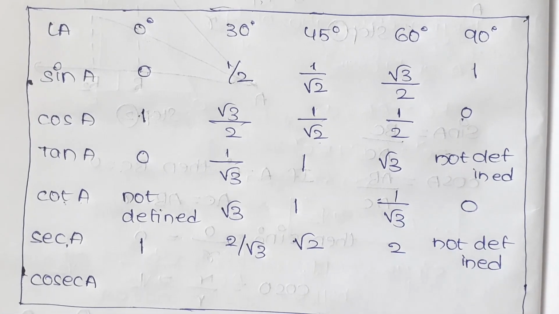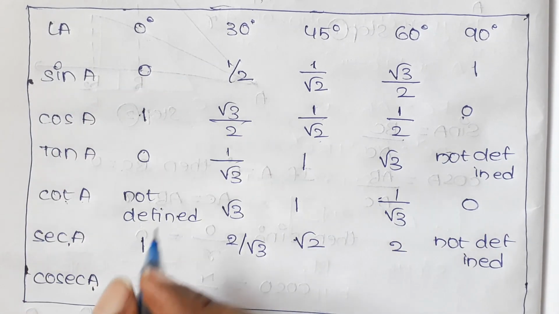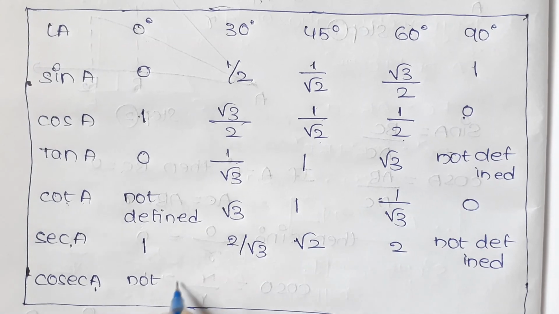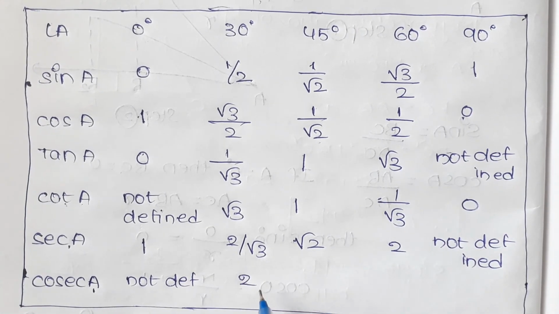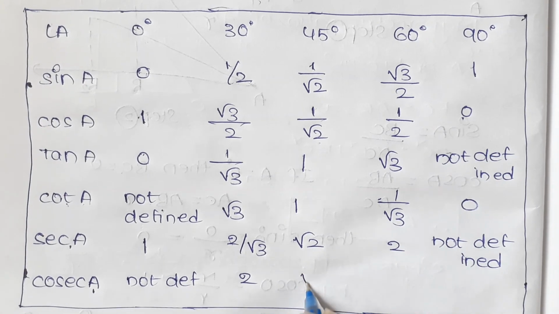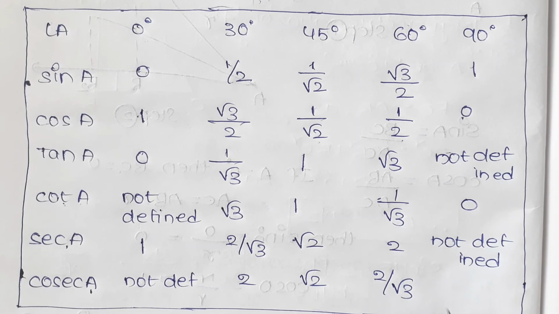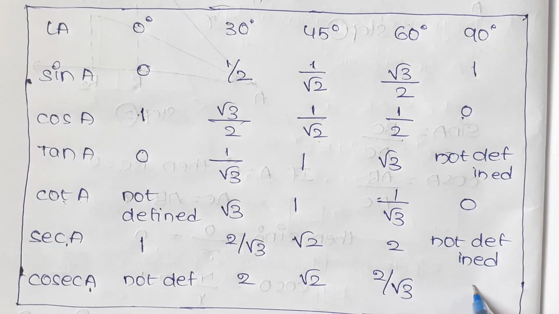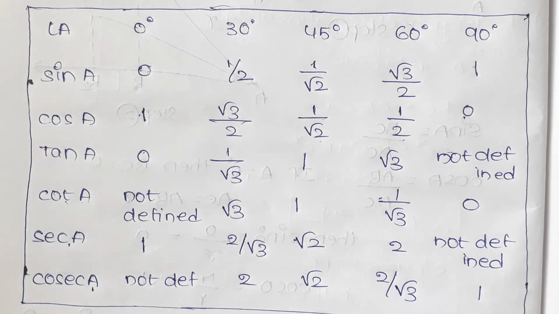And finally cosecant A, that is cosecant 0 is not defined, and cosecant 30 is 2, cosecant 45 is root 2, cosecant 60 is 2 by root 3, and cosecant 90 is 1.